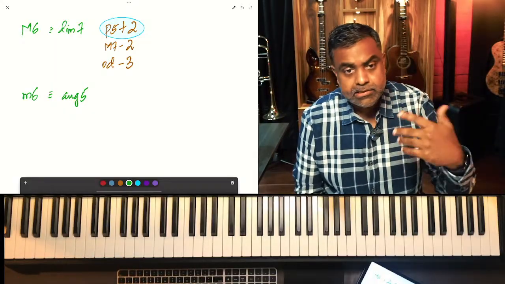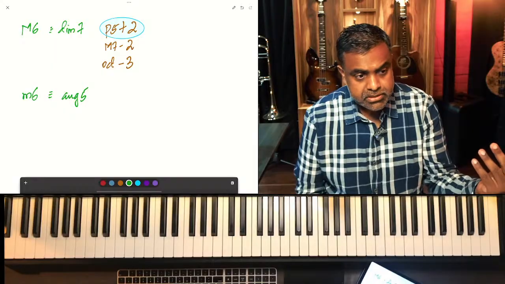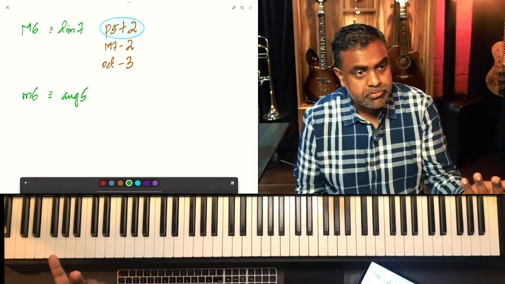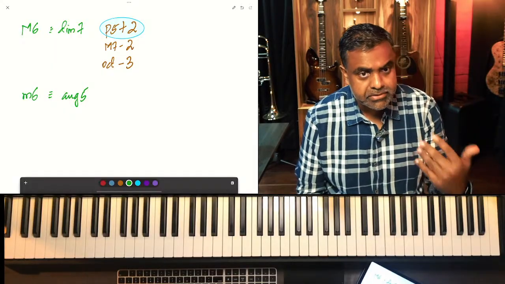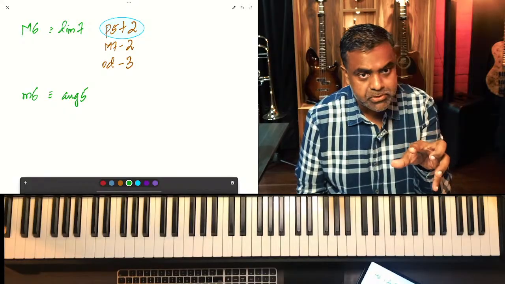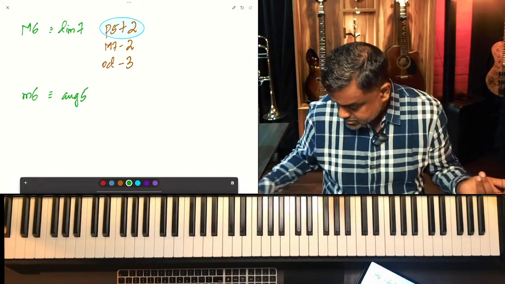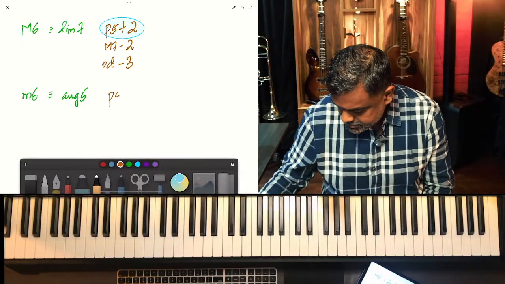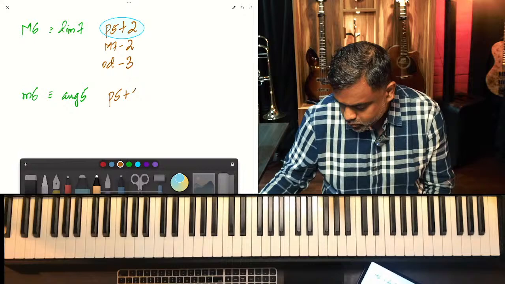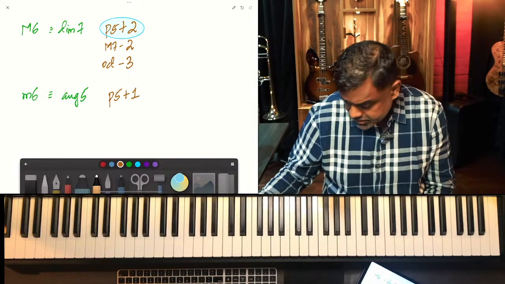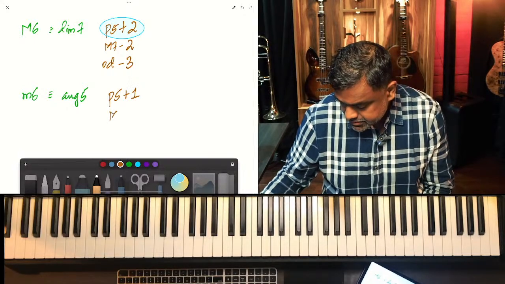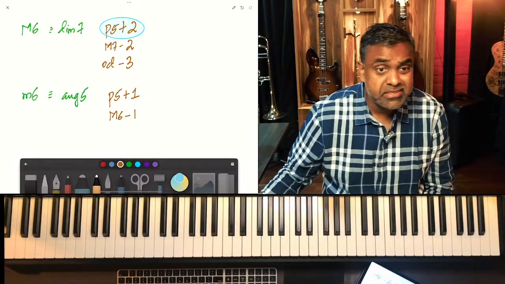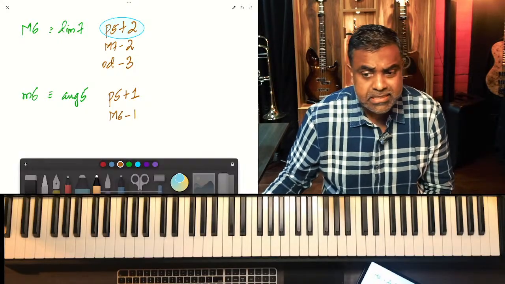A scale like Locrian has a diminished fifth, right? And there are a few scales which have an augmented fifth as well. So a minor sixth or an augmented fifth could be looked at in a couple of ways: perfect fifth plus 1 step, or major sixth minus 1 gives you minor sixth, and that's about that.